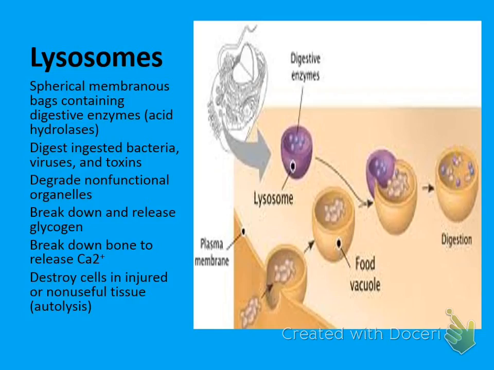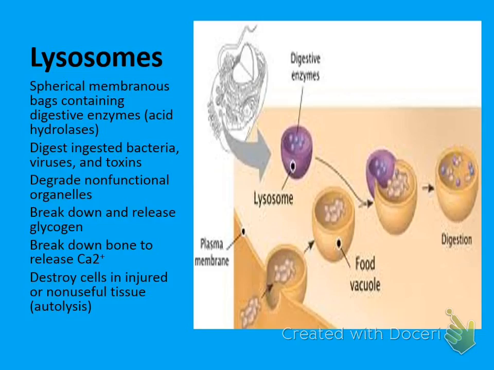Another organelle is called a lysosome. The lysosomes are pretty cool because they help to break down substances in our cells that aren't supposed to be there. They help with breaking down the bone to release calcium. They destroy cells that are injured. They'll take out bacteria, viruses.